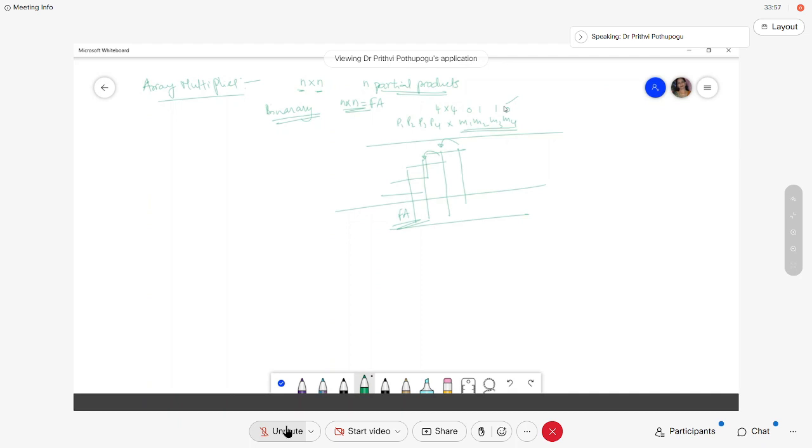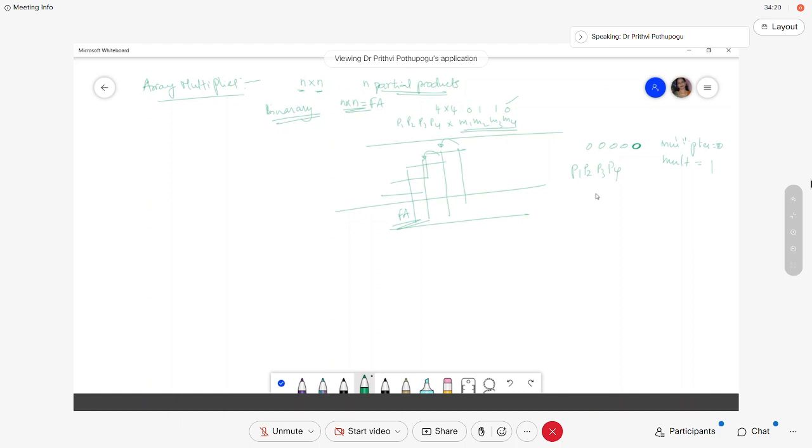If the multiplier is 0, the partial product will be 0. If the multiplier is 1, then P1, P2, P3, P4 will be the partial product.